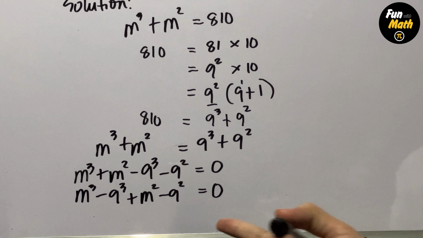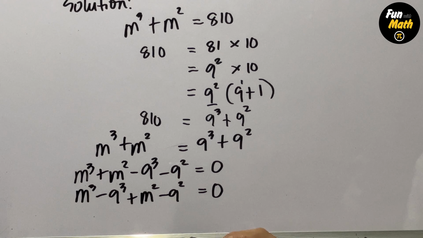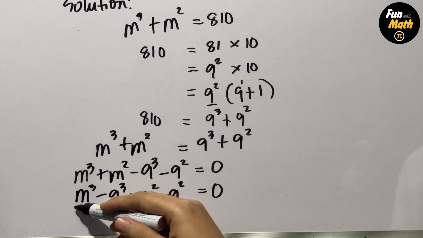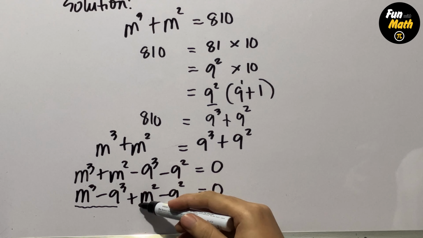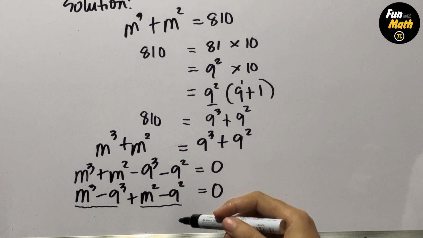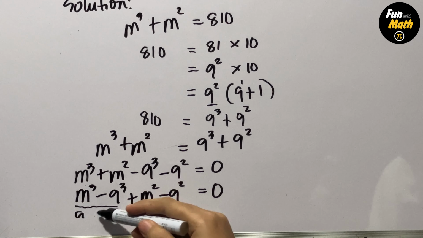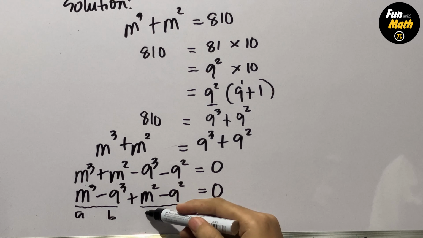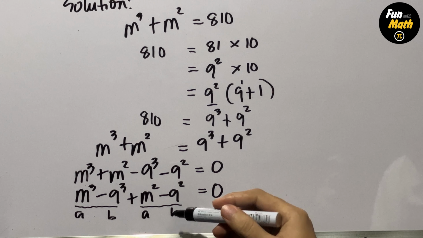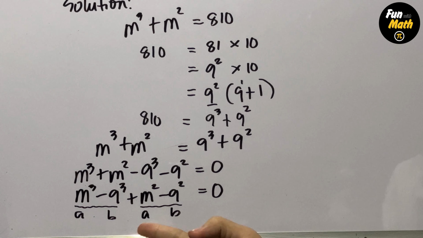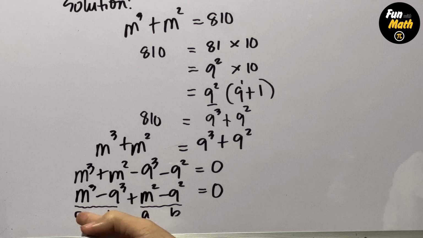Now for this, we have two pairs: first pair and the second pair. And each pair corresponds to A and B. If you observe, both are an identity.